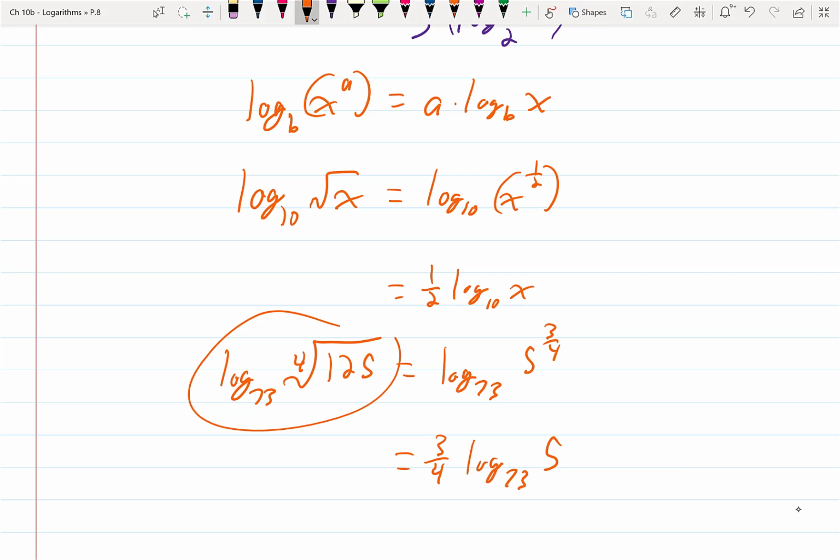But this is terrible. I want to kind of preview this a little bit because this process of going from here to here, it means this. Let's say I wanted to figure out what the 4th root of 125 is. Well, I could make it the log of the 4th root of 125, then find 3/4 of the log of 5, have a decimal for that, and then convert it back without the log. Just do 10 raised to that power.